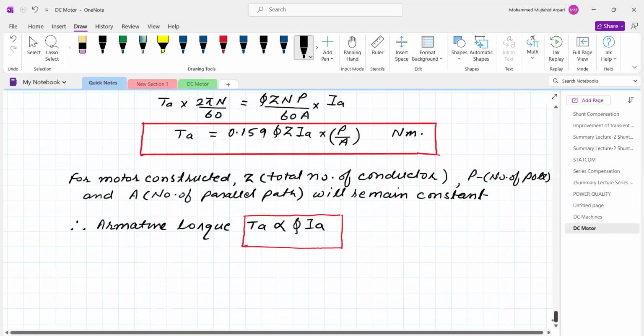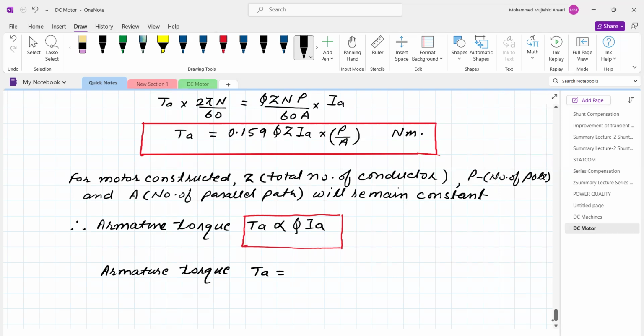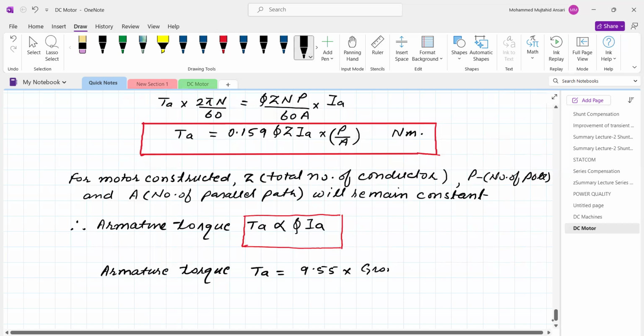Now from this one, we can say that armature torque TA is equal to, from the basic equation, power divided by omega, or it is 9.55 into gross armature power divided by speed in RPM.